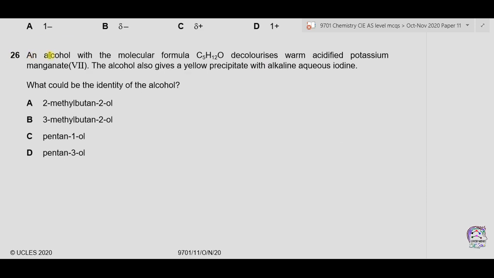Question 26. An alcohol with the molecular formula C5H12O decolorizes warm acidified potassium manganate 7. The alcohol also gives a yellow precipitate with alkaline aqueous iodine. What could be the identity of the alcohol? In the reaction they have given acidified potassium manganate, which is an oxidizing agent.